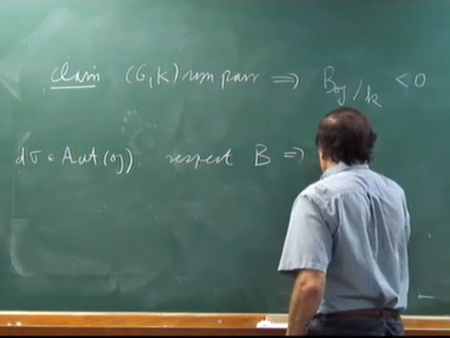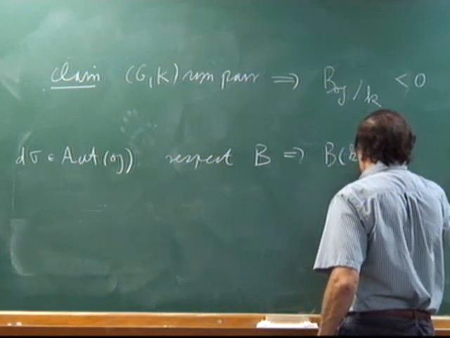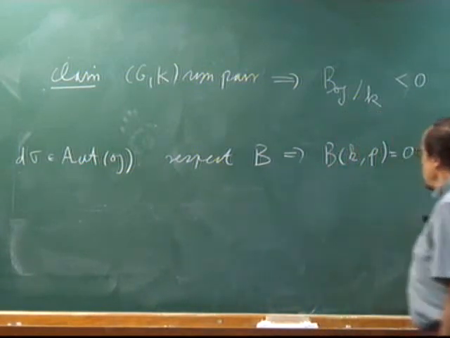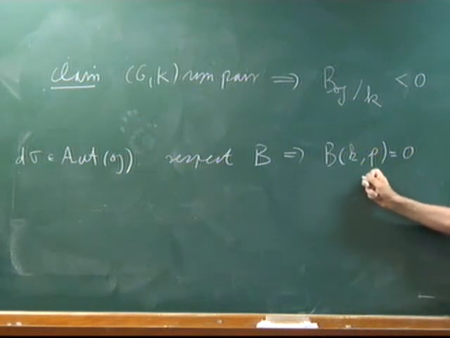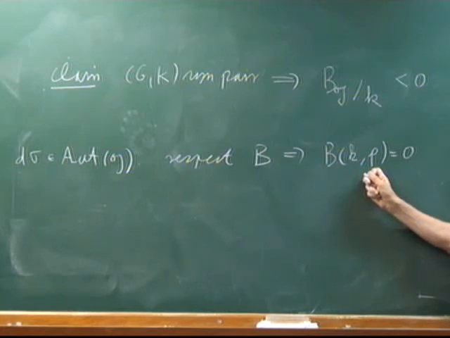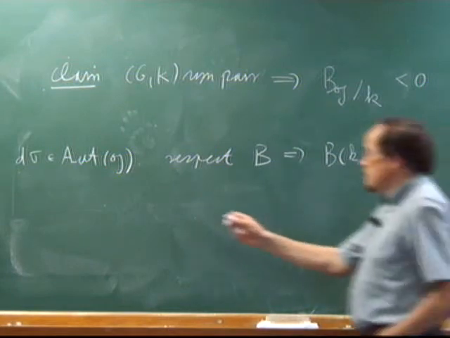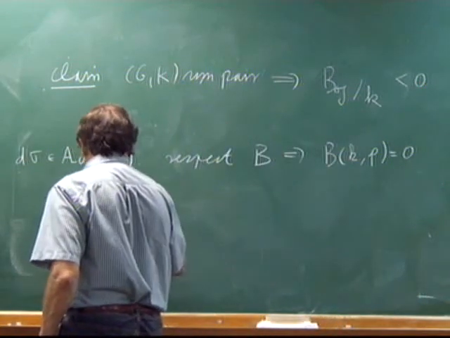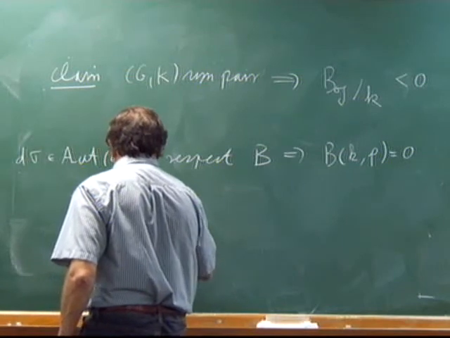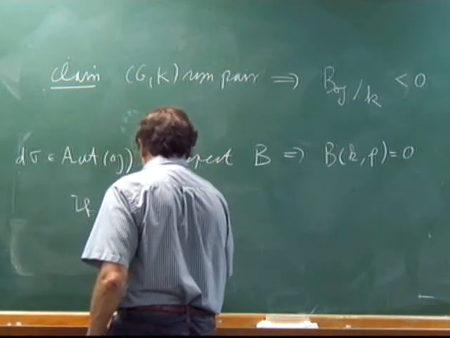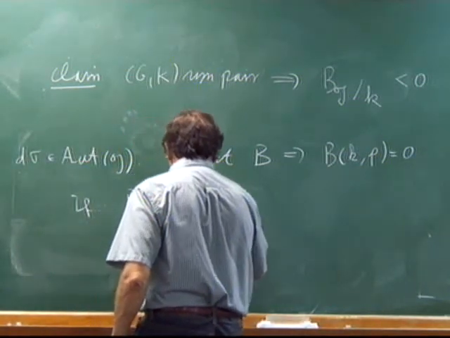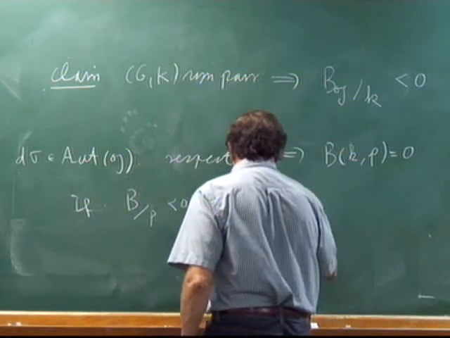I claim this implies that K and P are orthogonal. Right, there's a +1 eigenspace, that's a -1 eigenspace. The automorphism respects it, multiplies everything by -1, so it must be 0. Okay. Just plug the isometry in there, the automorphism. So if B on P is negative, this implies B on all of G is negative.